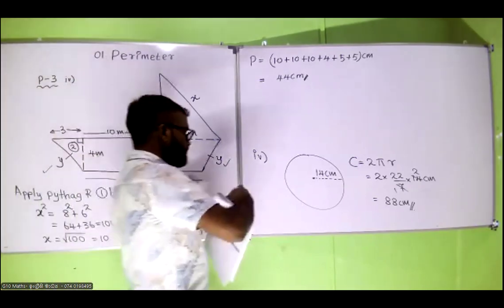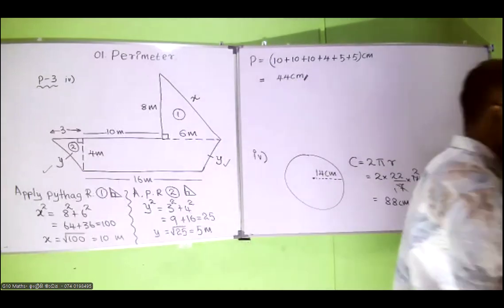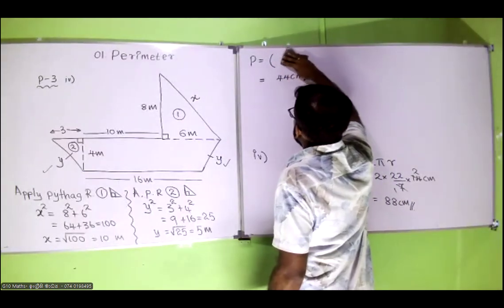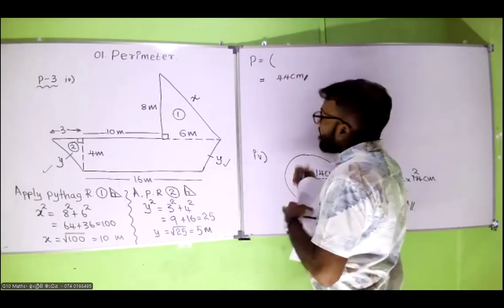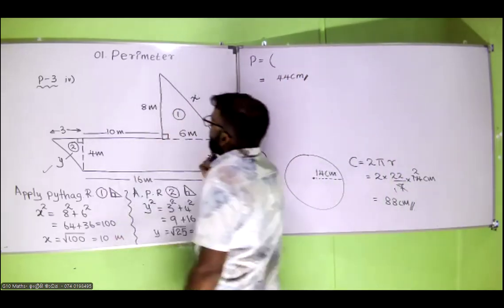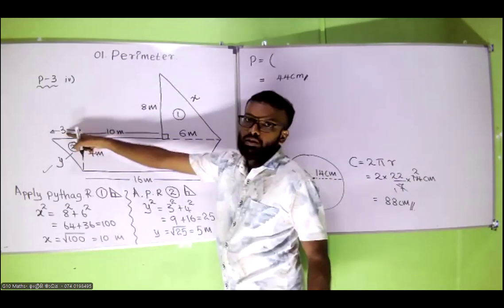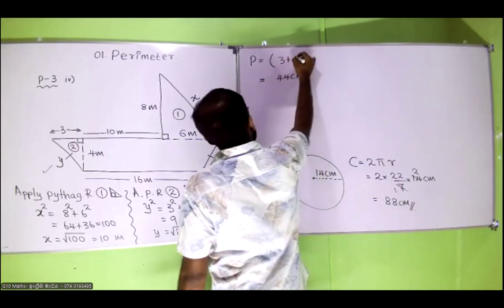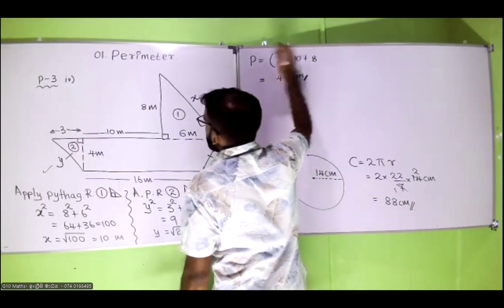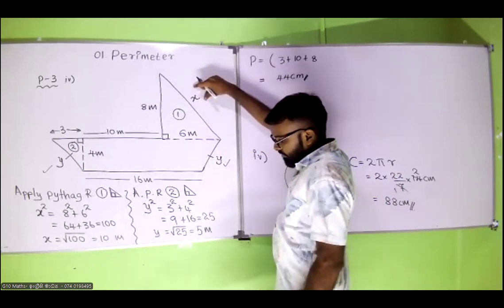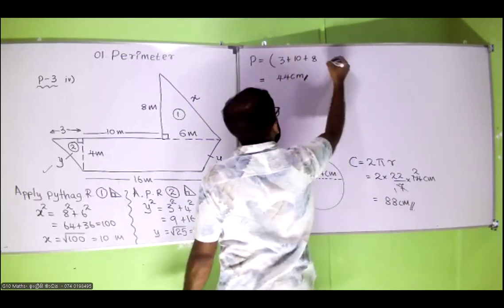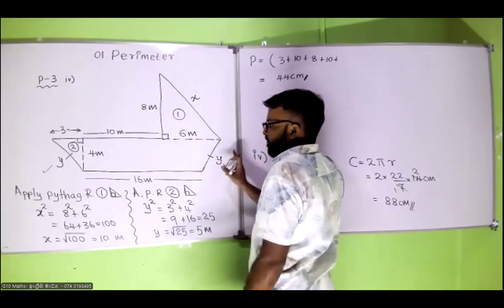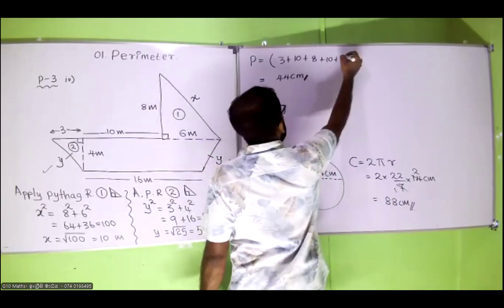Then add, like previously, you have to do the same thing. So where should I begin? I will begin from here: 3 plus 10 plus 8. X is 10, plus 10 plus Y which is 5, plus 16 plus 5.